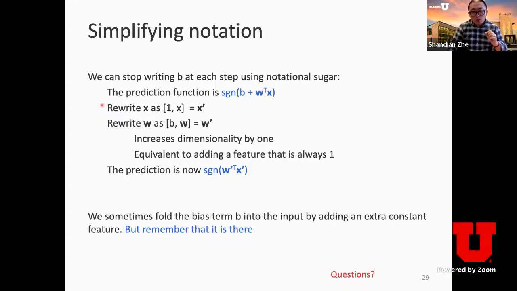In this way, we can write our classification function directly as the inner product between w prime and x prime. So we do not need to explicitly write out the bias term b. That's the only motivation of using this notation. Nothing special. But you should be aware that even if we write our linear classifier in this way, by default there is a hidden constant feature 1 in the input feature vector and the bias parameter b in the weight vector.